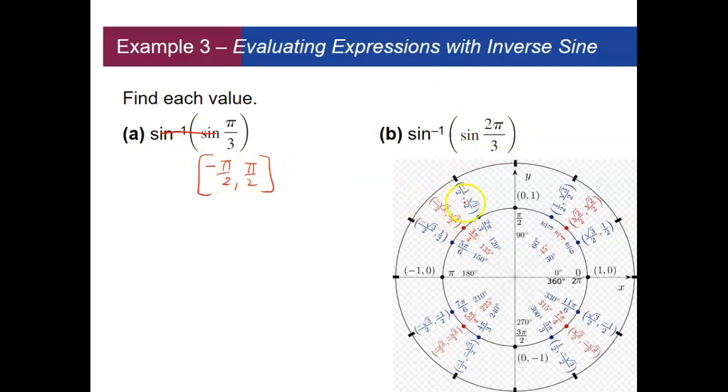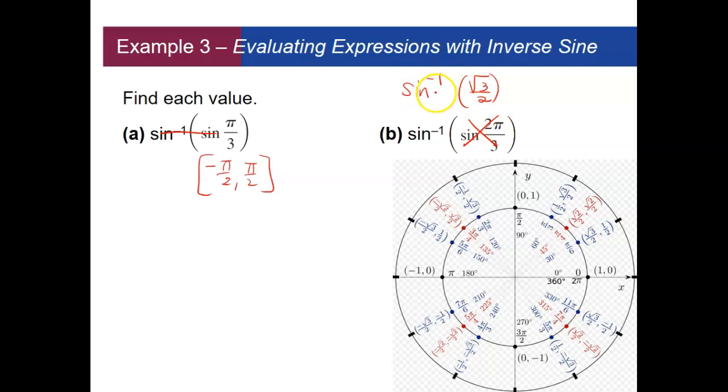It's way over here, so we don't get the cancellation. We have to go through and do the problem step by step. With function composition, we always start on the inside, so we find the sine of 2 pi over 3. The sine of that is the square root of 3 over 2, so I'm just going to replace all of this with square root of 3 over 2.